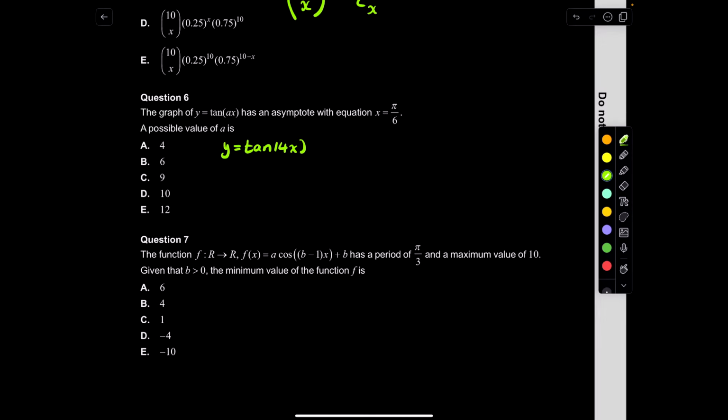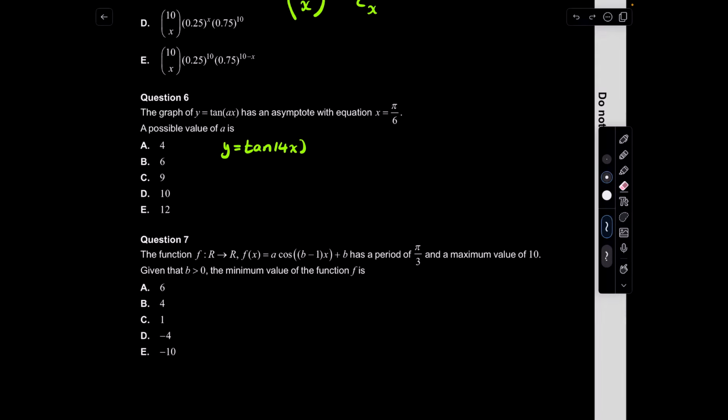You should realize that if it's an asymptote and you sub in x equals pi on 6, the y value should be undefined. Remember, because an asymptote should be undefined. So if I sub pi on 6 into it and it gives me a real value, then it's not the true value of A. For it to be an asymptote, it's supposed to say that it's undefined.